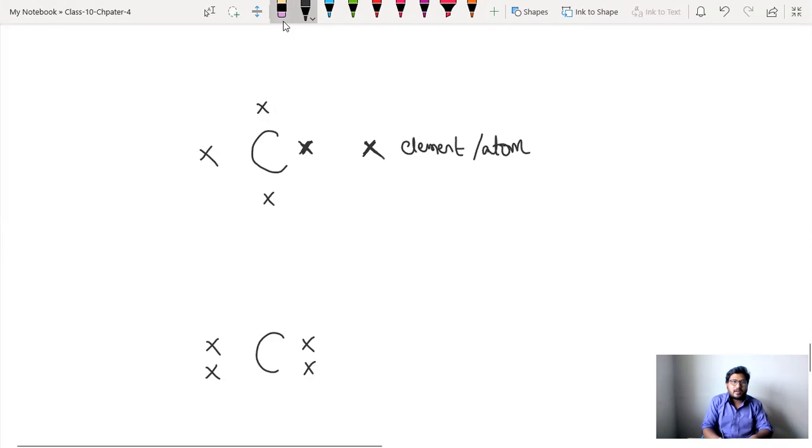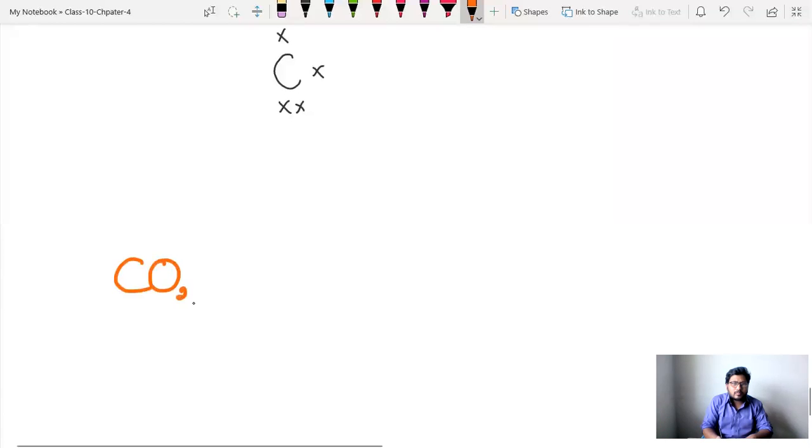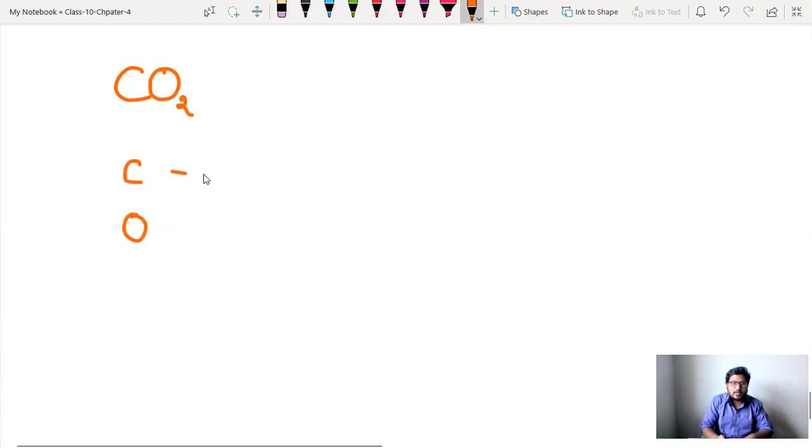Now, a small example I will say. CO2. How is CO2 formed? If you understand this, everything will be easy. Carbon, oxygen. Carbon number 6, oxygen number 8. Carbon electronic configuration 1s2, 2s2, 2p2.